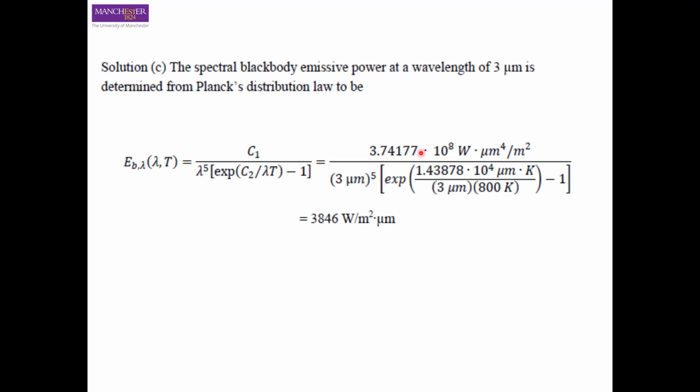And if you do the calculation, you will get the energy for this specific wavelength as 3846 watt per meter square times micrometer. So this is a unit of flux times micrometer, that is the wavelength of the radiation. So that is all for this part. Thank you for your time.